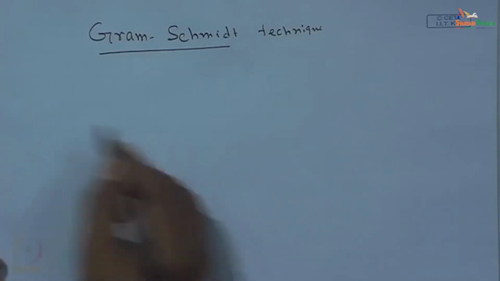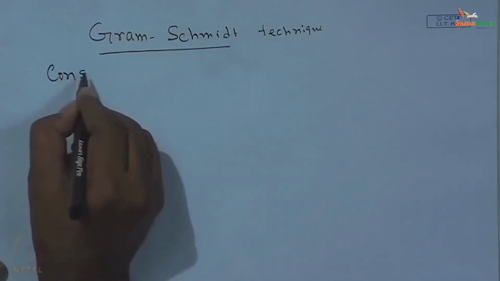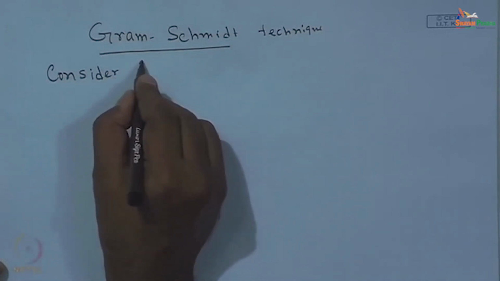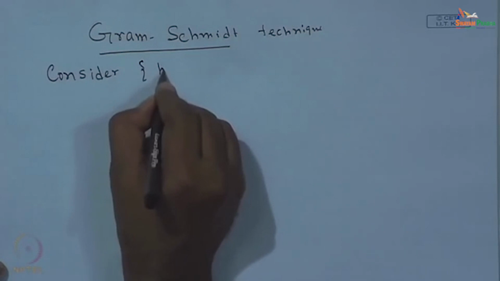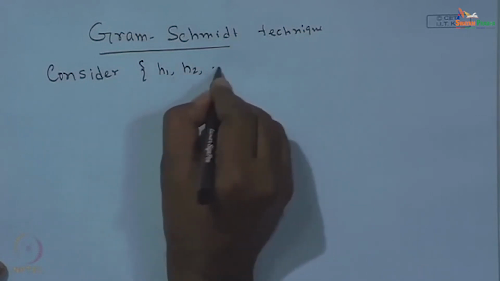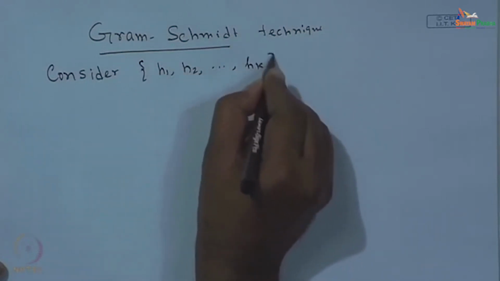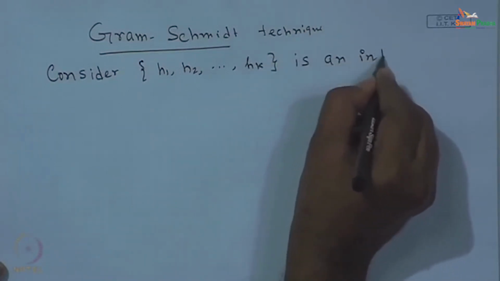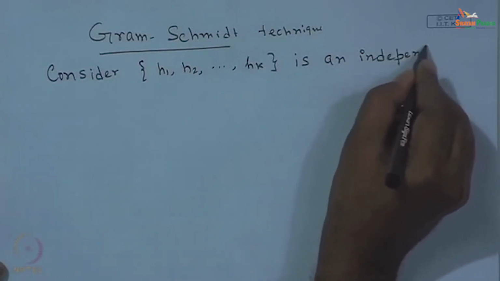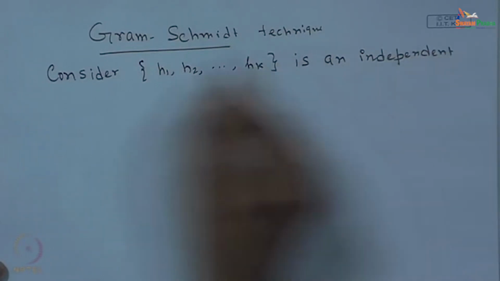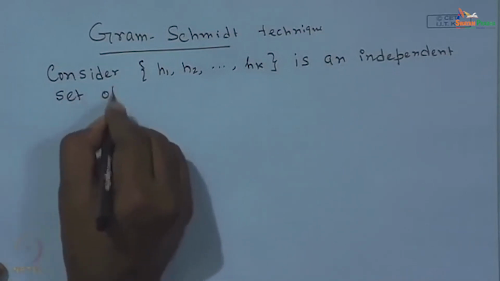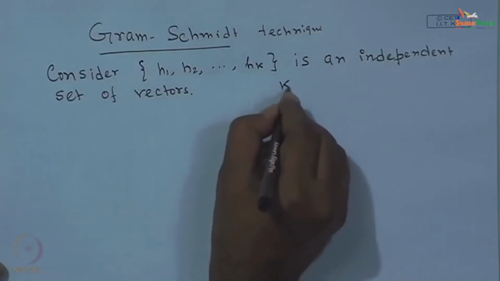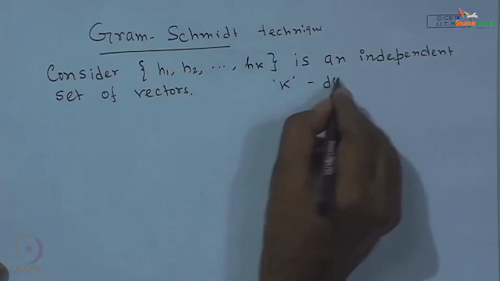So, for that let us consider a k dimensional space where the set H1, H2, H3 up to Hk is an independent set of vectors. We are basically talking about a k dimensional space.